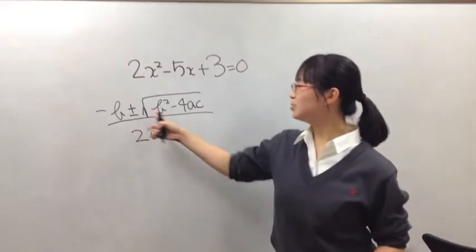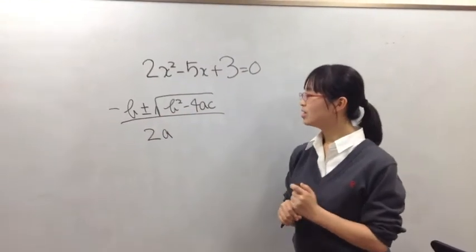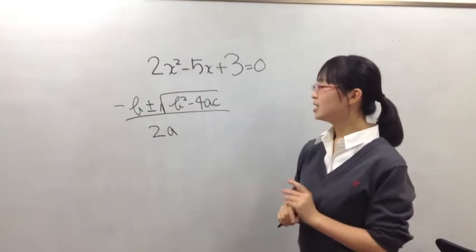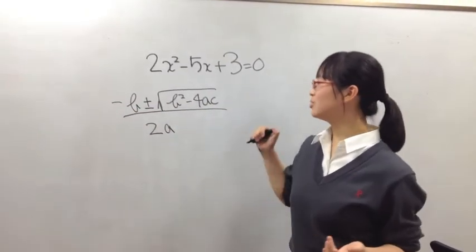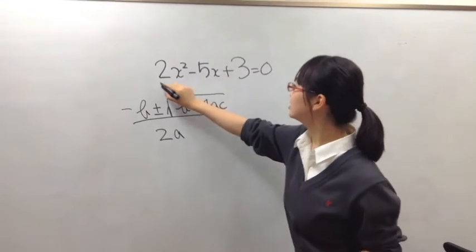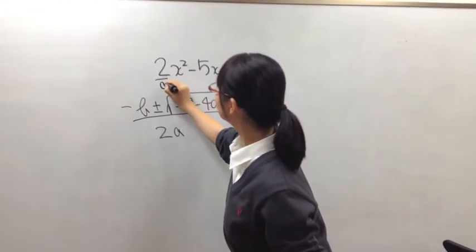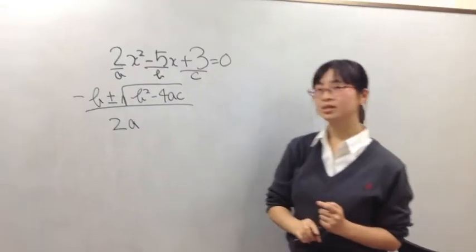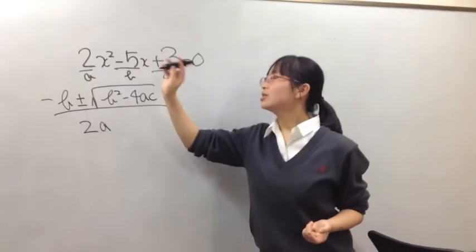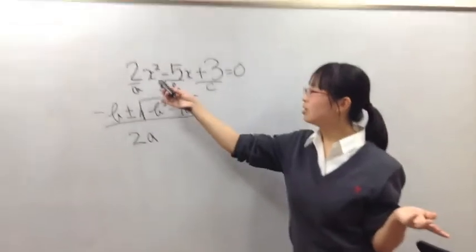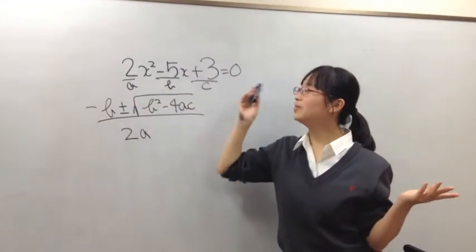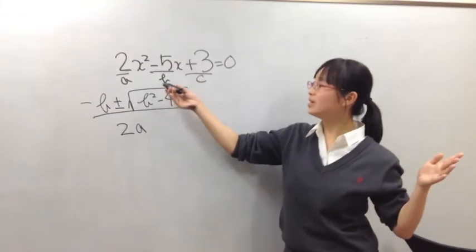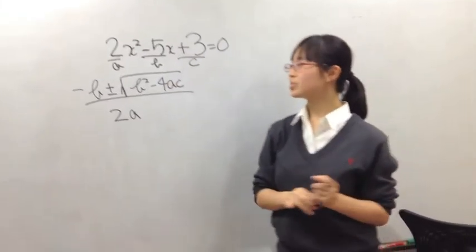By the way, I have this weird b, but this is b, and these are the words here, but it represents a number. And a is this part. This is a. This part is b. This part is c. So the coefficient of x squared is going to be a. The coefficient of x is going to be b. And the constant number is c.